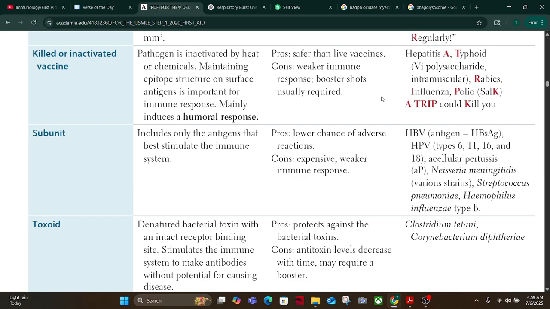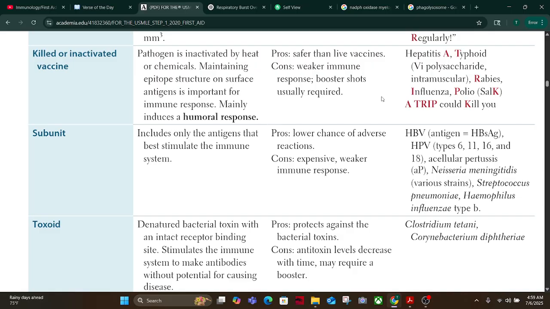So, hepatitis B virus. How hepatitis B enters the body is through hepatitis B surface antigen.